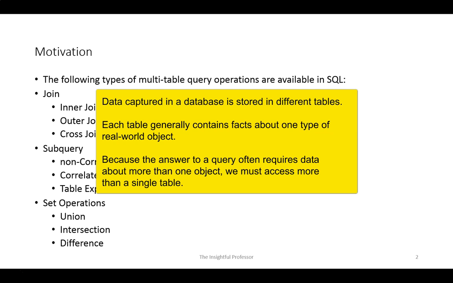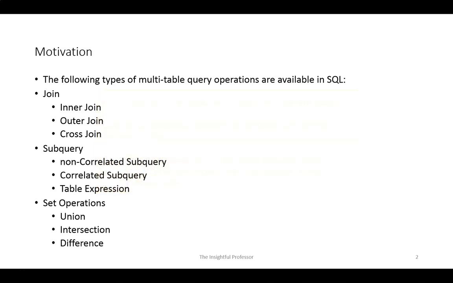That object could be departments, employees, parts, or anything else relevant to the application domain. The basic select statement must be extended in order to retrieve information from multiple sources. In earlier videos posted on this channel, we covered join operations. This video will discuss subquery operations.